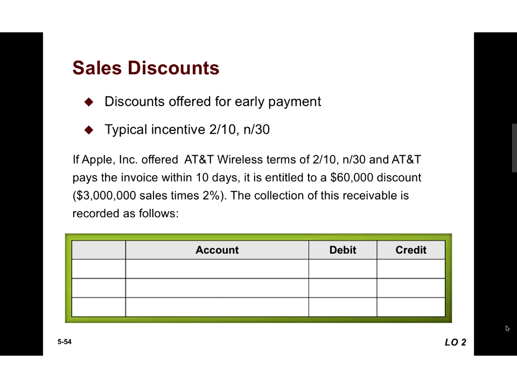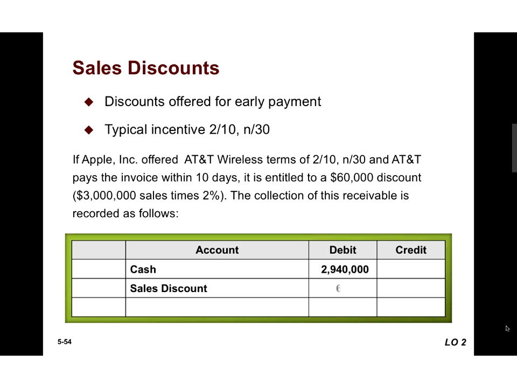So when Apple collects the money, AT&T is going to pay Apple $2,940,000, which is the original invoice amount less that discount of 2%. They're getting it within their 10 days, so they're getting their discount to $2,940,000.